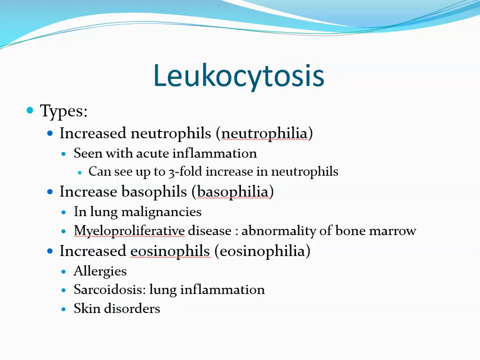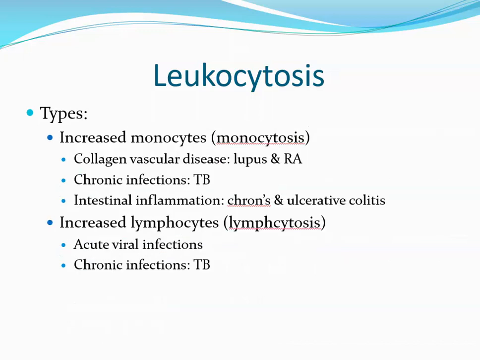Eosinophilia is an increased number of eosinophils. This is commonly associated with allergies, various parasite and fungal infections, sarcoidosis, which is a lung inflammation, and different skin disorders. Monocytosis is an increase in monocytes. This is seen with collagen vascular diseases such as lupus and rheumatoid arthritis.